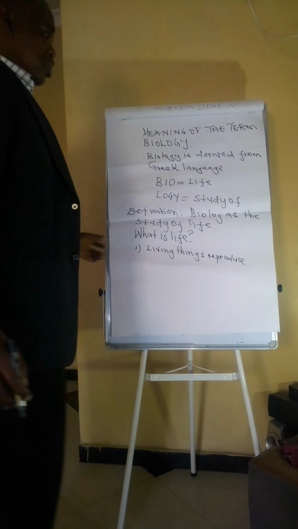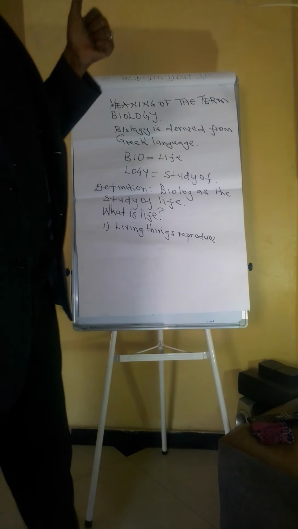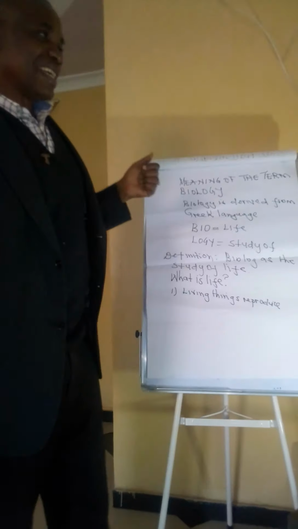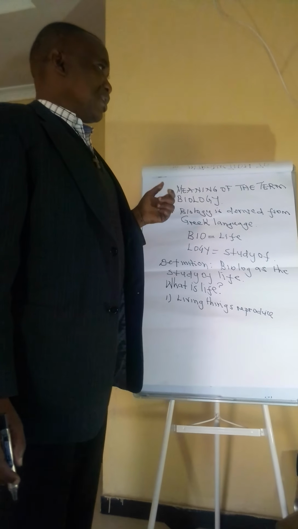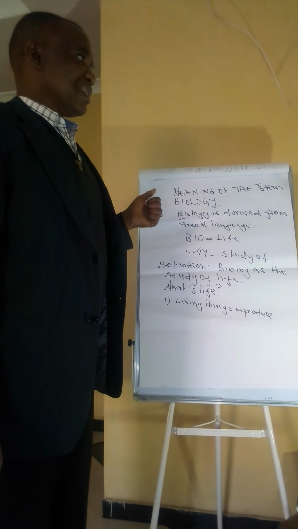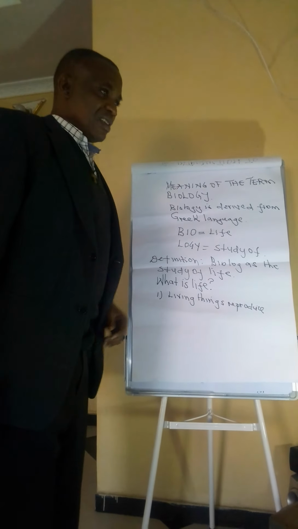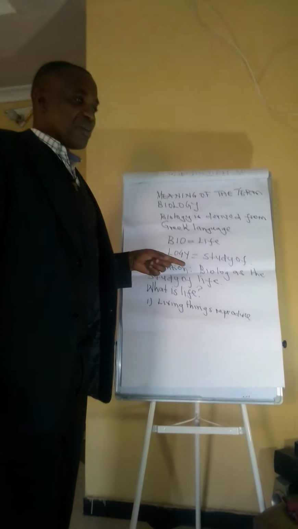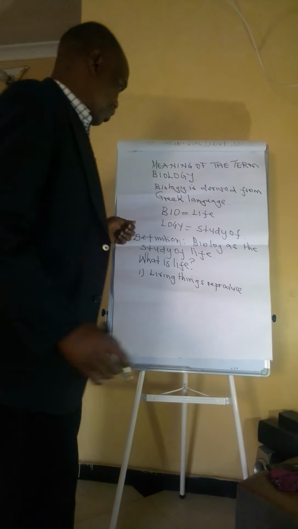If you are alive, you should be able to give rise to an offspring. You should be able to reproduce. I remember sometimes old people, when discussing impotence in men or women, they say, oh, that one is dead, because it's not able to reproduce. So that is a characteristic of a living organism, being able to reproduce.